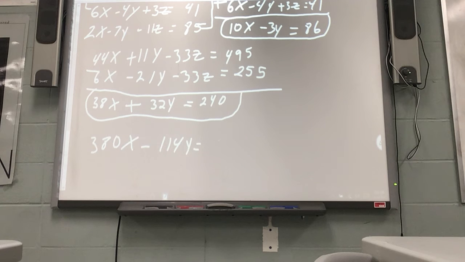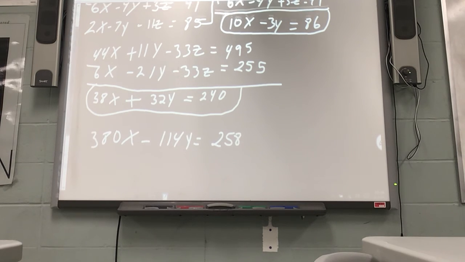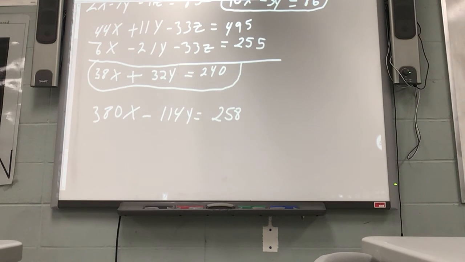And what's 3 times 86? 258. Alright, so now to get 380x on my second new equation, I just need to multiply it by 10. That's easy, just add zeros on everything.